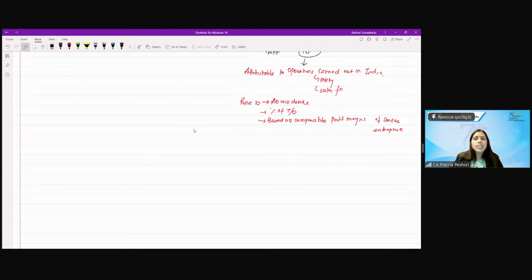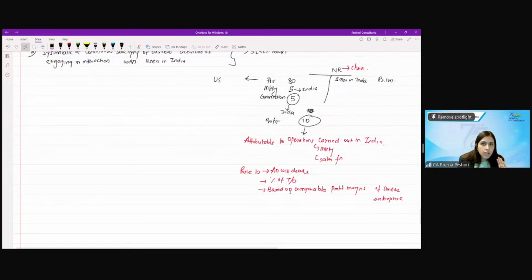So if similar entities are earning, let's say, 5% in India, they will take that. Or they will take the percentage of turnover. Let's say they decide that the general percentage should be 10%, so they will allocate 10% of 100 in India. So 10% of 10 in India. So this is how they will decide. Are we clear? So not the entire 10 will be taxable in India.